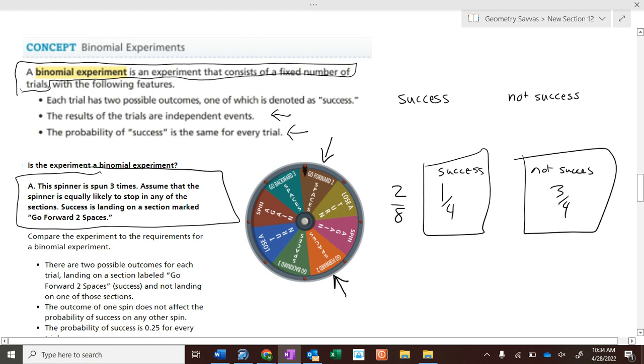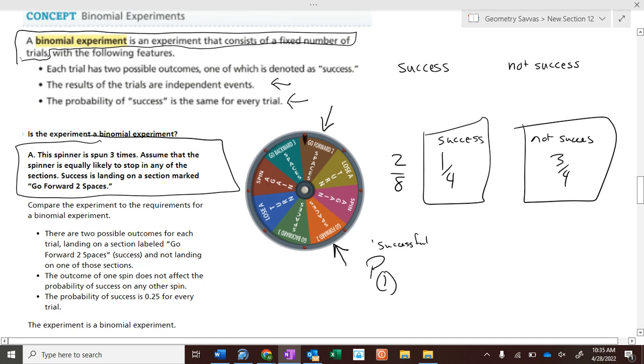So if you spin the spinner 3 times, what's the probability of being successful at least once? Well, this is a combination. So it'd be 3 combination 1, and then 1/4, you want to be successful once. So then the 3/4, well, you would be not successful how many times?